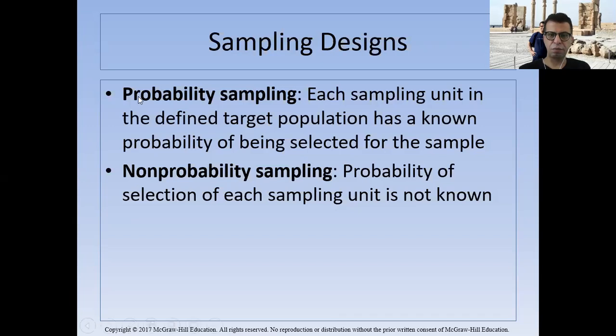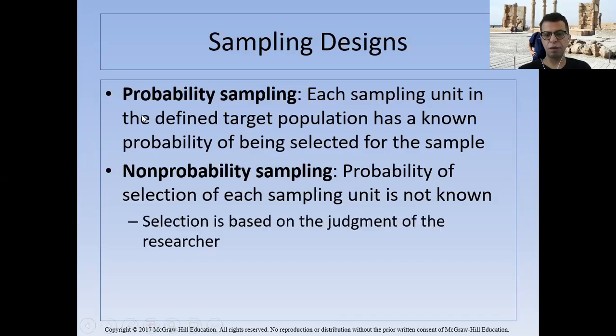This is the difference between probability sampling and non-probability sampling. It means that selection is based on the judgment of the researcher. As a researcher, you say, I don't think a white male will be willing to answer my question. So any white male passing by in the mall, you would not ask him, and that becomes based on your judgment, so it becomes non-probability sampling.